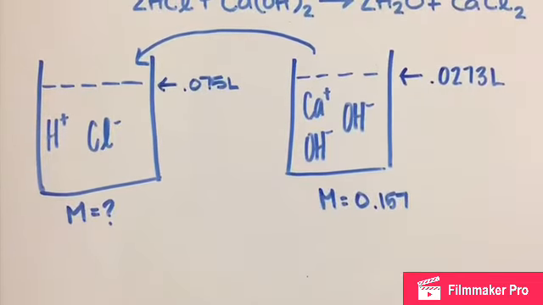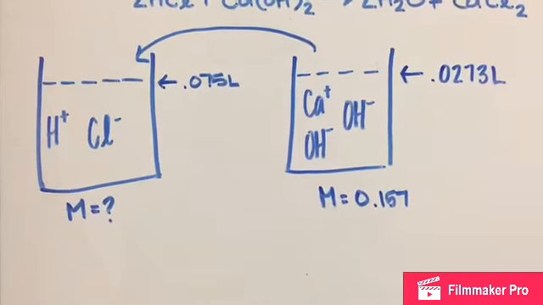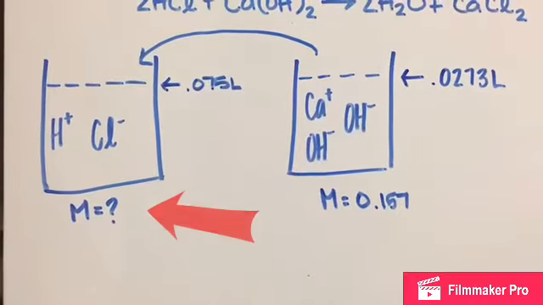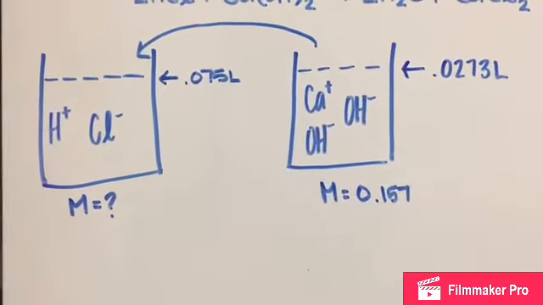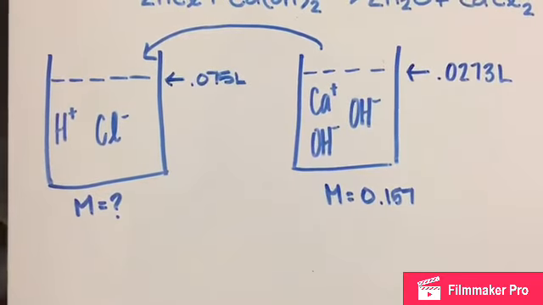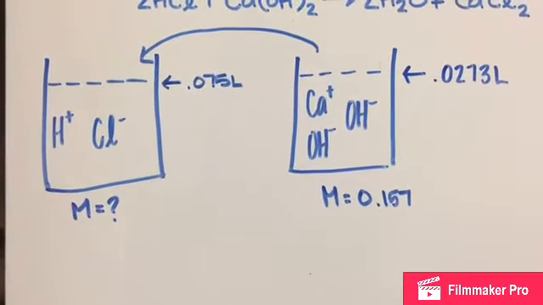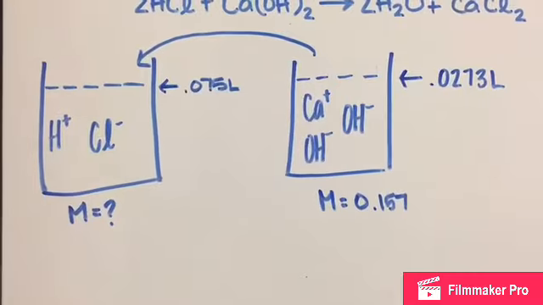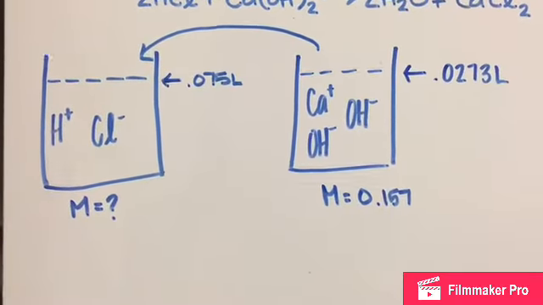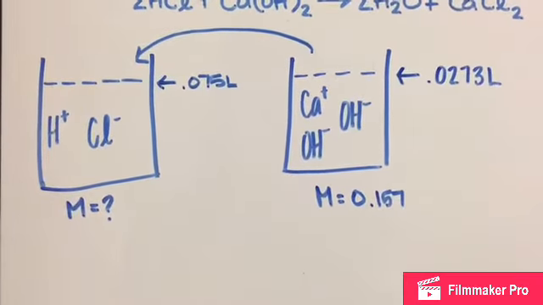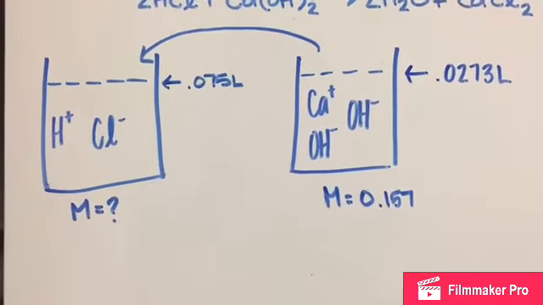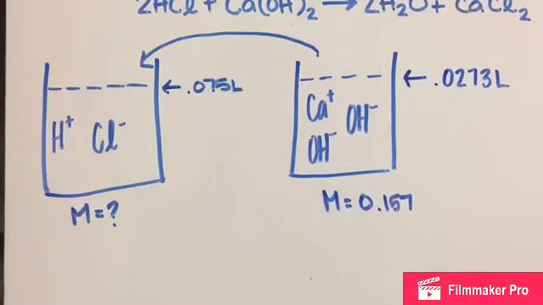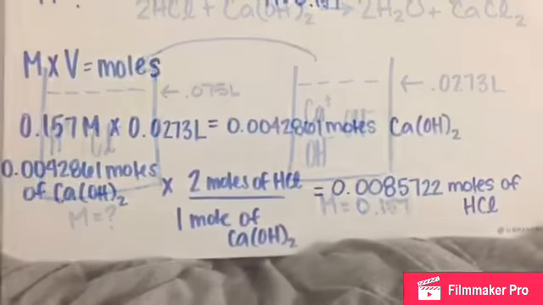I have also written that we don't know the original concentration of the hydrochloric acid, but we do know the original concentration of the calcium hydroxide, and we know both of their volumes. We're going to use the calcium hydroxide concentration and volume to solve for the original concentration of the hydrochloric acid.